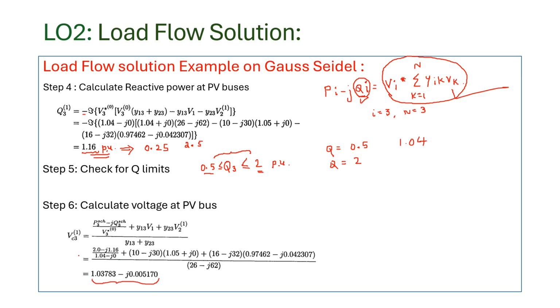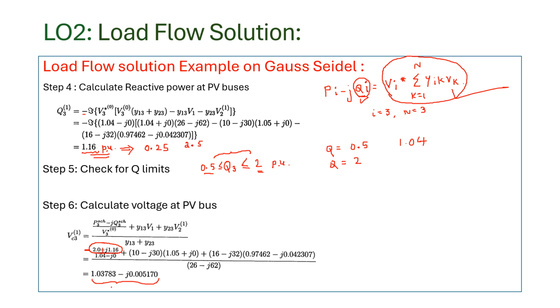So we calculate the voltage at the PV bus, and from this voltage we use the similar equation. Now one important point: here you can see the P value is already 2. I think we have written some mistake here. It should be minus 2.0, and here plus j1.16, because we have to consider the net active and reactive power injected into the bus.